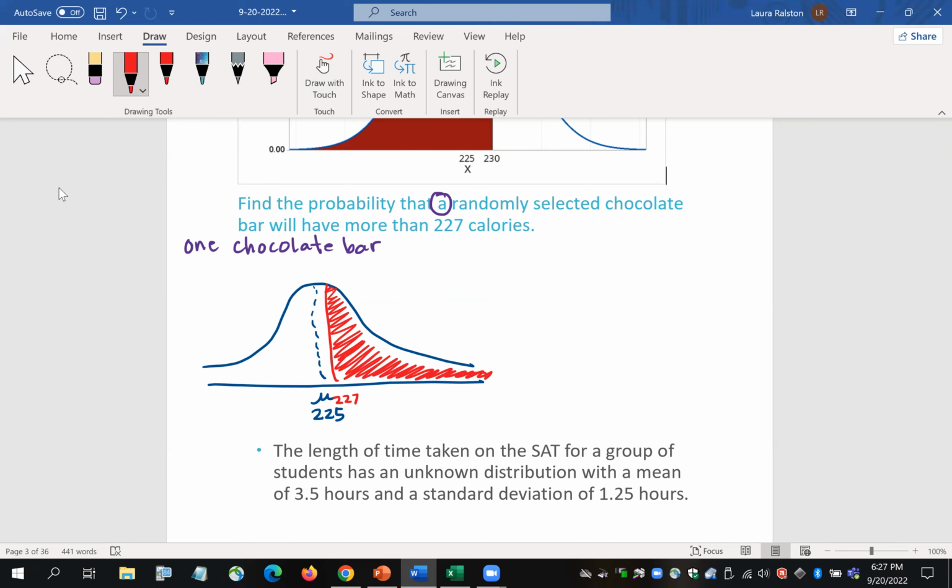So that's this red shaded region here. So the fact that it is more than is always to the right. This one is called a right tail.